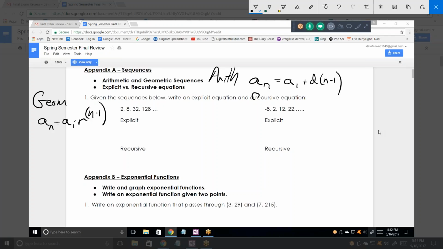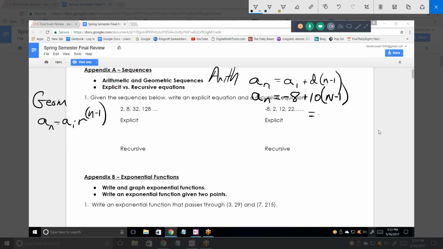Tell me what the nth term would be. -8 plus 10 times n minus 1. And then that can be simplified, always, or almost always.